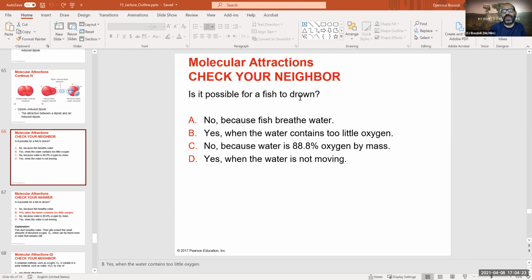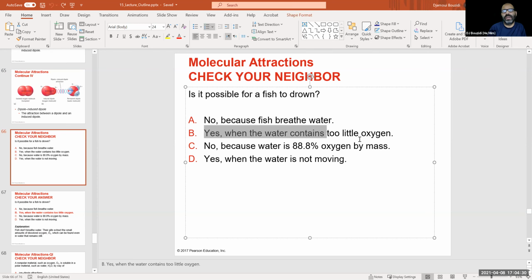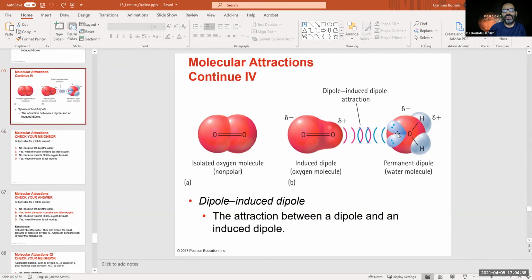So is it possible for fish to drown? Absolutely, yes, when the water contains very little oxygen. Not this oxygen, do not confuse the two. You need a chemical process to remove this oxygen. It's not possible, okay? Not because water has oxygen in it, not because of H2O.